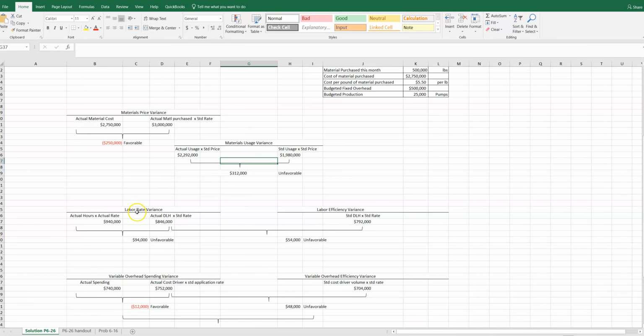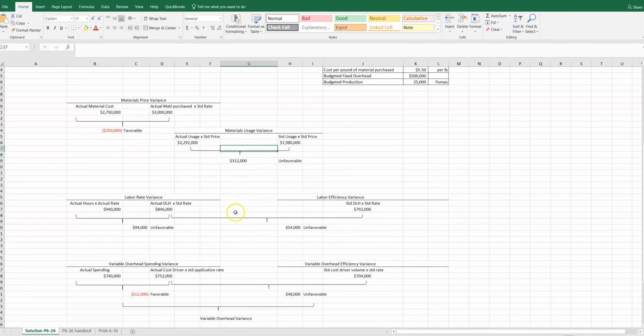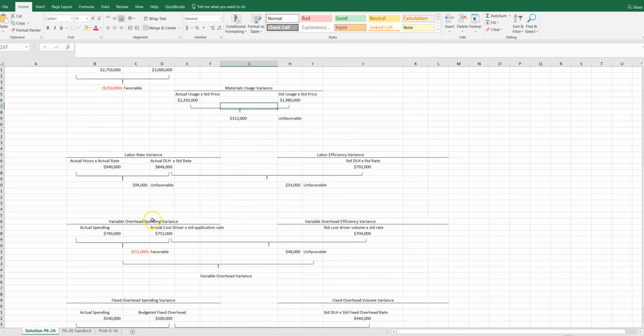Labor rate variance, labor efficiency variance, variable overhead spending variance, variable overhead efficiency variance. And this efficiency variance here, if direct labor hours or direct labor anything almost is going to be the cost driver, then the efficiency variance will follow the labor efficiency variance as well. If it's machine hours, all bets are off on that one.